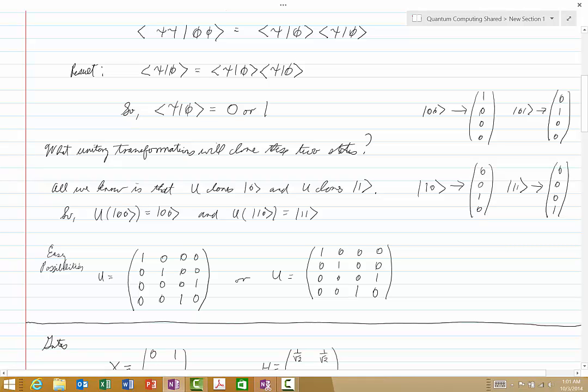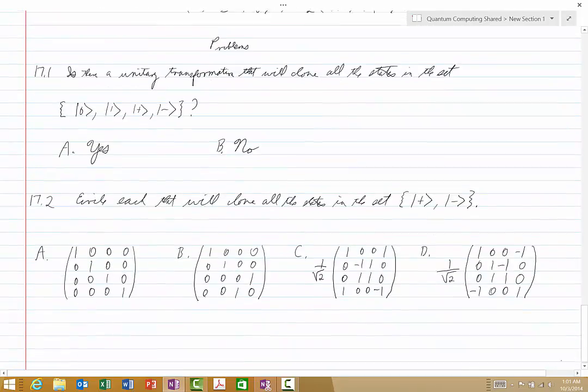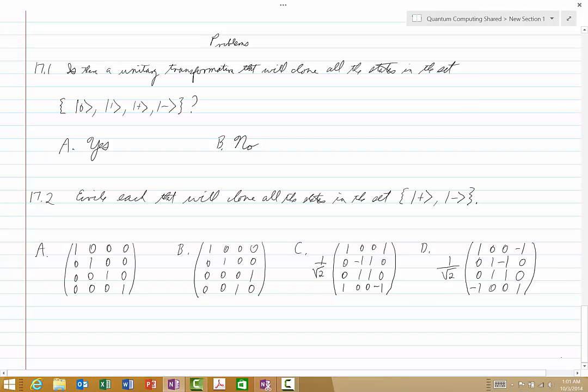So this gave us the first column and third column of our matrices. But in this case, the fact that the transformation we're looking for clones the plus cat and the minus cat doesn't tell us directly what it does with the 0 cat or the 1 cat. And therefore we can't immediately derive what the first column or third column of the matrix will be.